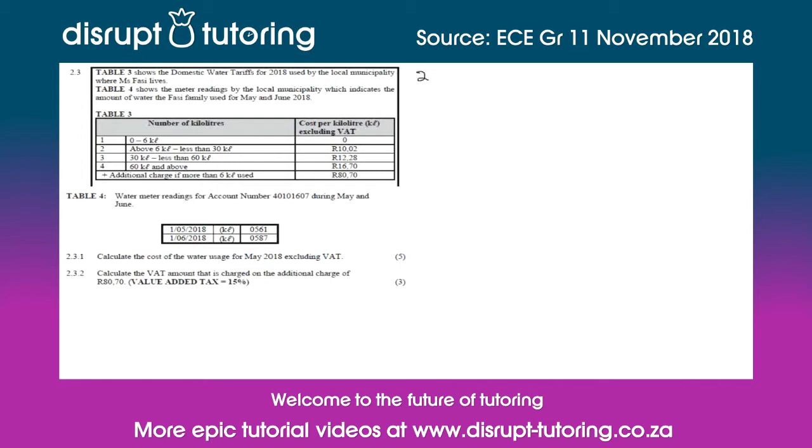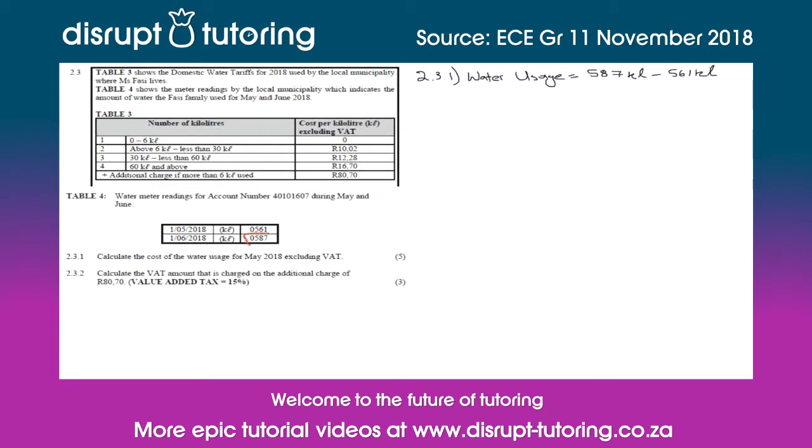So for 2.3.1, our water usage is equal to 587 kiloliters minus 561 kiloliters, which is what we measured for the beginning of May.